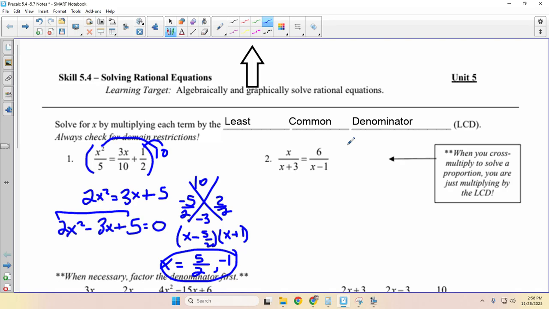Okay, take a peek here. When we get a proportion like this, we can cross multiply to solve, and that'll save us time. So x times x minus 1 is x squared minus x, and x plus 3 times 6 is 6x plus 18.